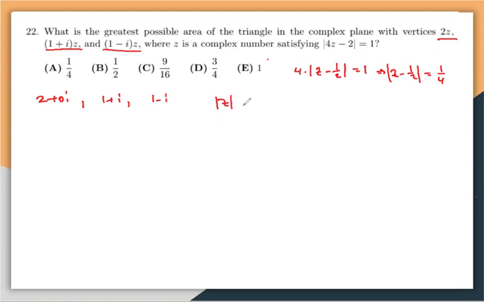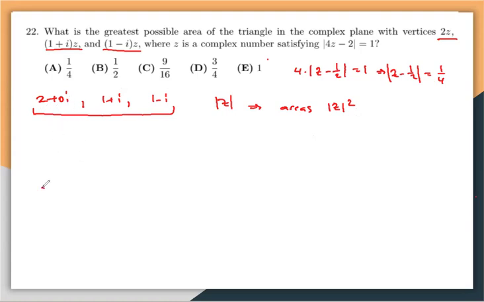But when you multiply all the sides by this, the area is going to be multiplied by the square of the magnitude of z, because that's 2D. So we may find the area of these points, and then we can find the z and square it to get the largest possible.